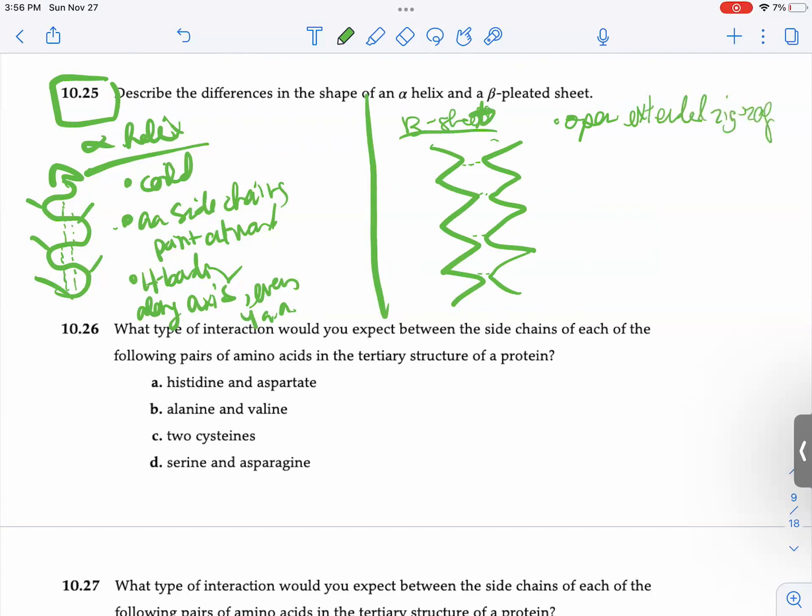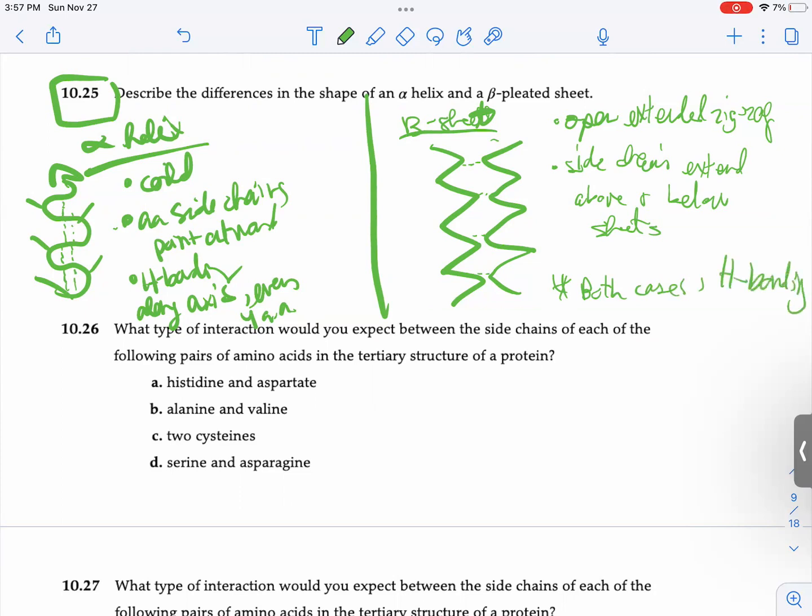It's open, it's extended, it's zigzagging, and the side chains, the R groups, extend above and below the sheets. So in both cases, you're going to have hydrogen bonding in the backbone.